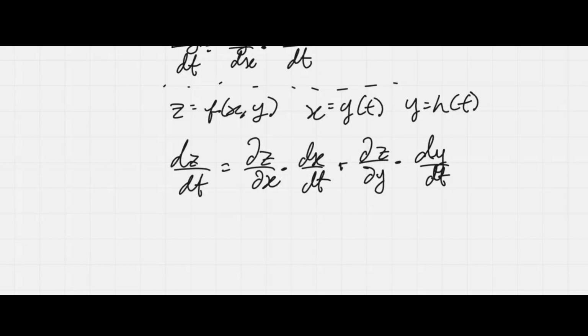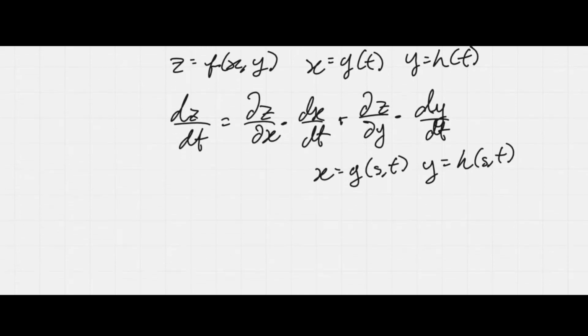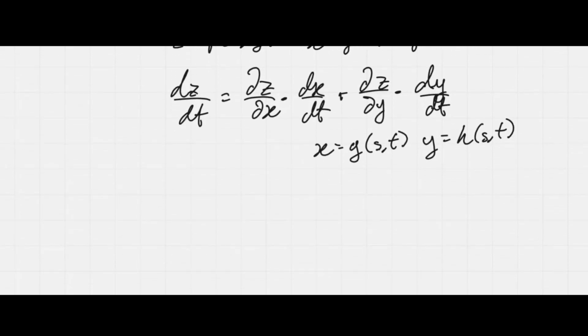And in fact, you can extend this concept even further. Let's say x and y were actually defined by two variables, s and t, for example. And so y is also defined by s and t, and these are two separate variables. Well, then let's say we wanted to find the partial derivative of z with respect to s, or with respect to t.